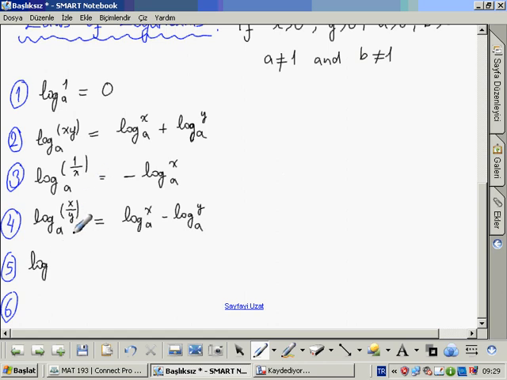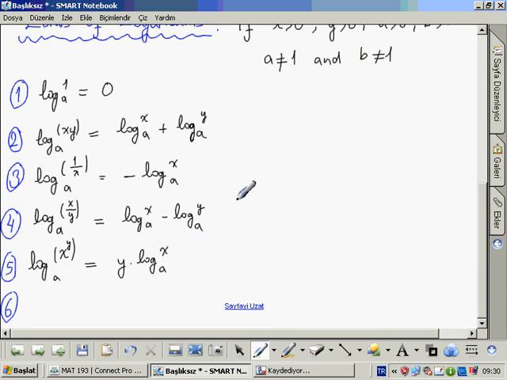And the fifth one, logarithm of x to the y to the base a equals y times logarithm of x to the base a.